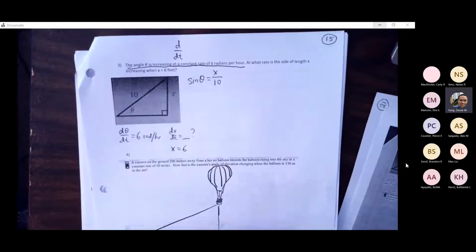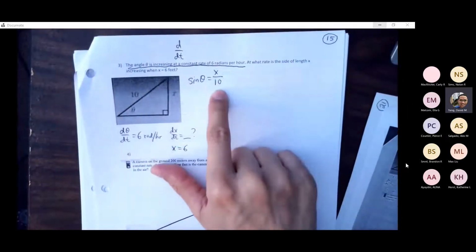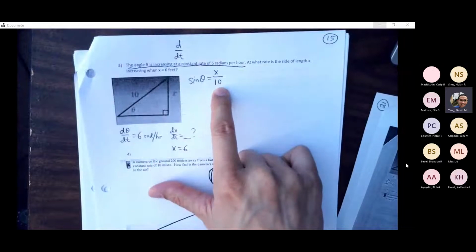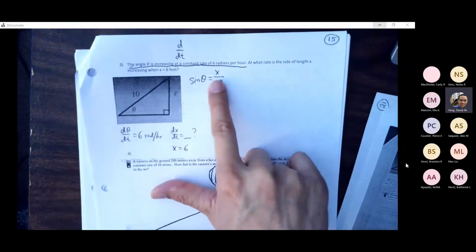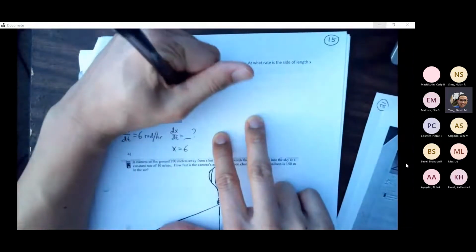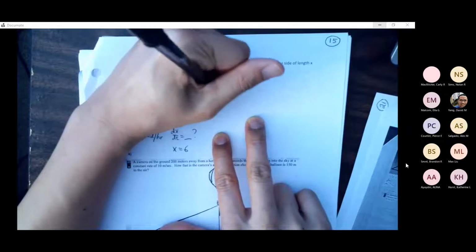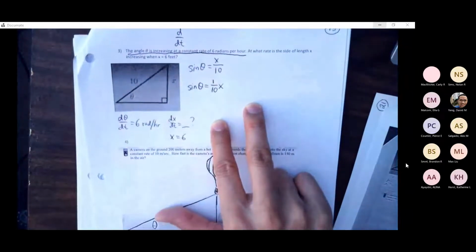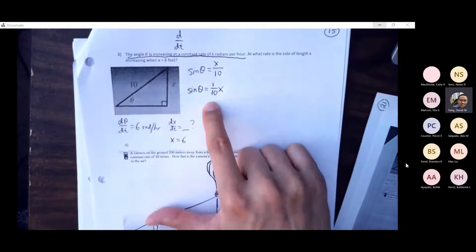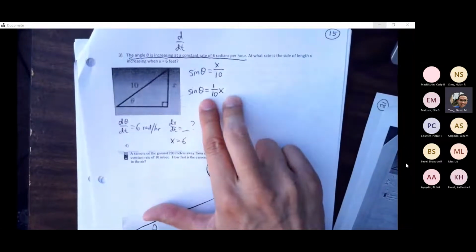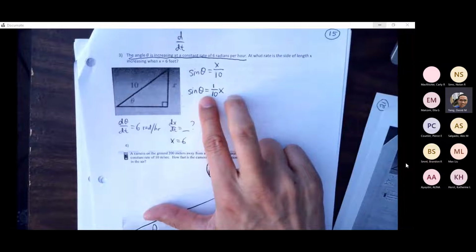Okay, we want to find the derivative, but to find the derivative, let's get that right side to be a little bit visually more friendly here. So I'm going to pull that 10 out as 1/10. Makes it feel more familiar. Okay, so now we can find the derivative. So remember, when we find the derivative, every variable gets impacted by time.